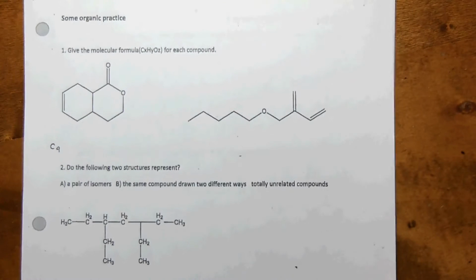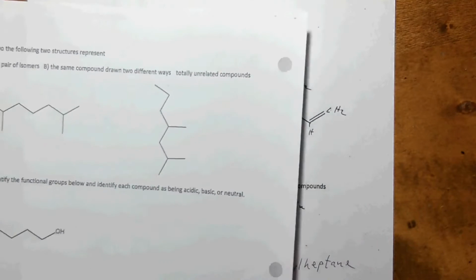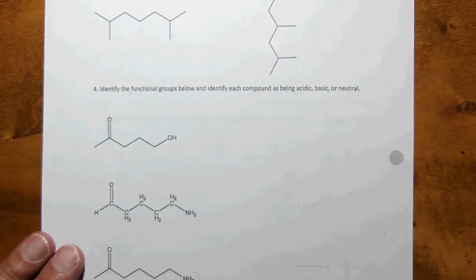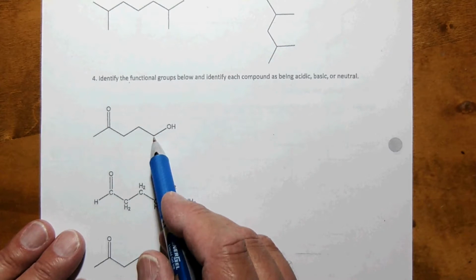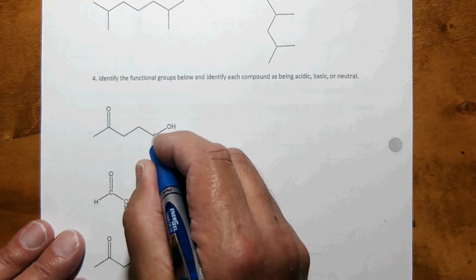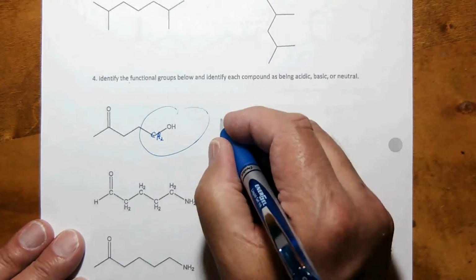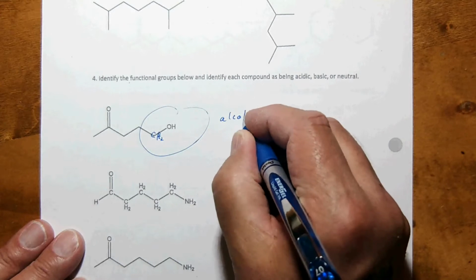Probably the more important part on this worksheet would be identifying the functional groups. What kind of functional groups do I have here? Hey, I've got a regular old carbon. That's just a CH2 with an OH. That makes this part of the molecule an alcohol.